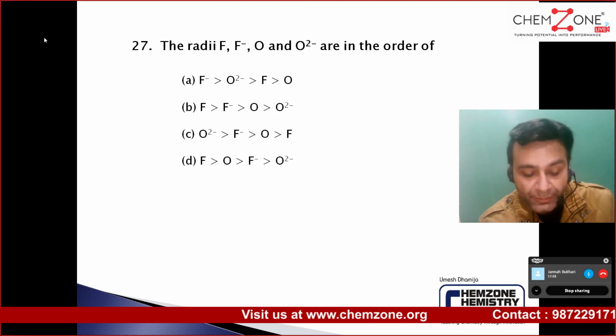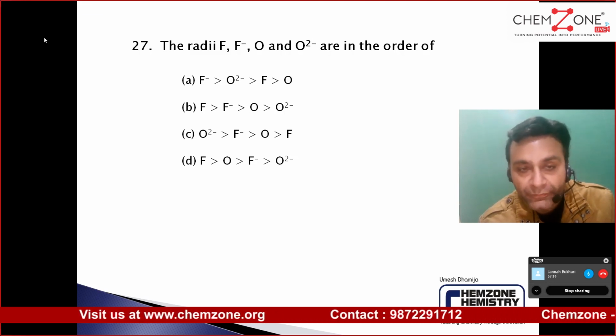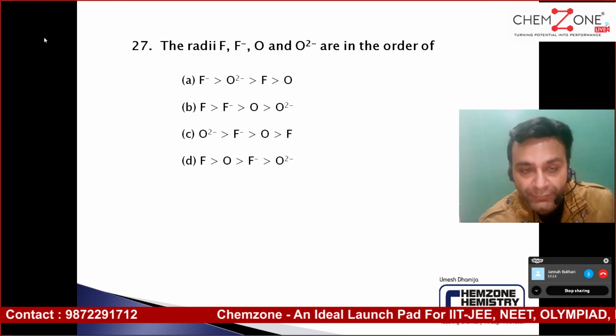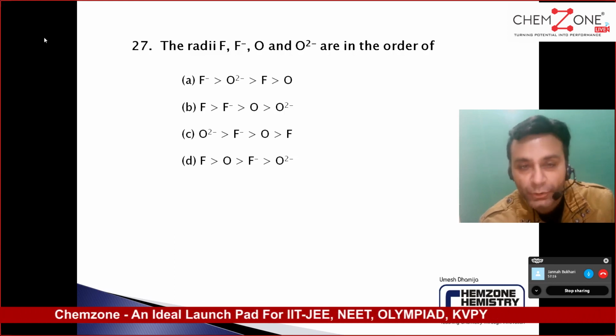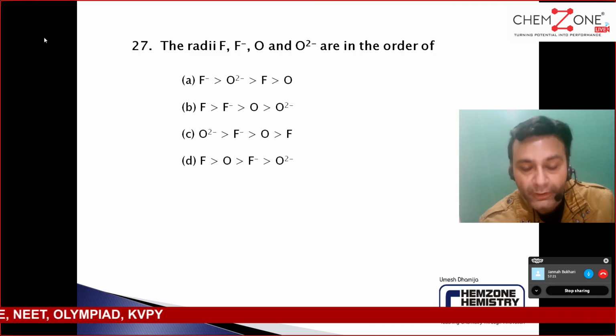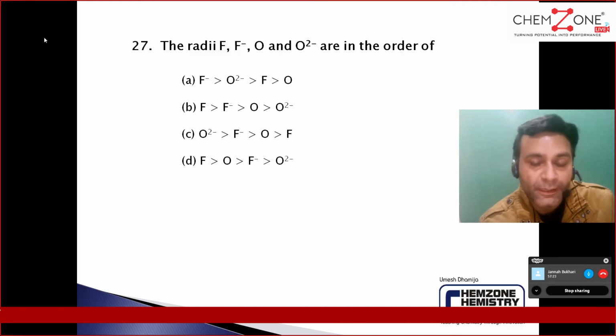I would suggest something, right? Do you know the atomic numbers? O is 8, F is 9, N is 7. Do they have the same number of electrons? No. Then you find out the nuclear charge per electron in all of these.